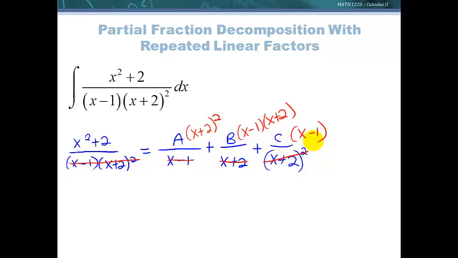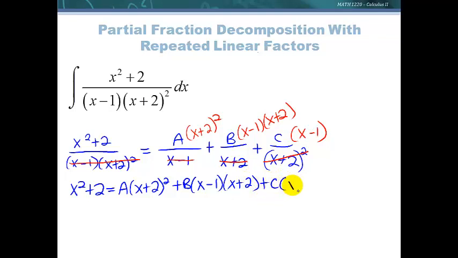So let's write down what we have left. We have x squared plus 2 equals a times x plus 2 squared, plus b times x minus 1 times x plus 2, plus c times x minus 1.